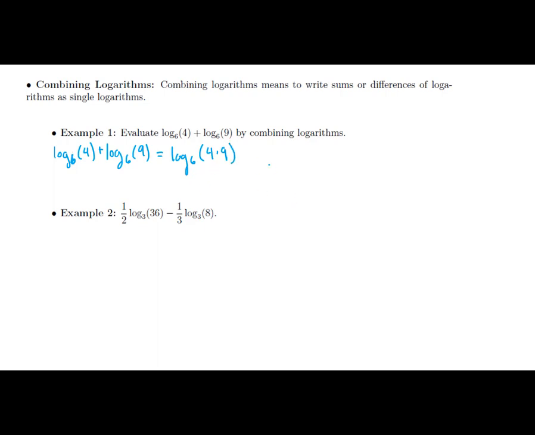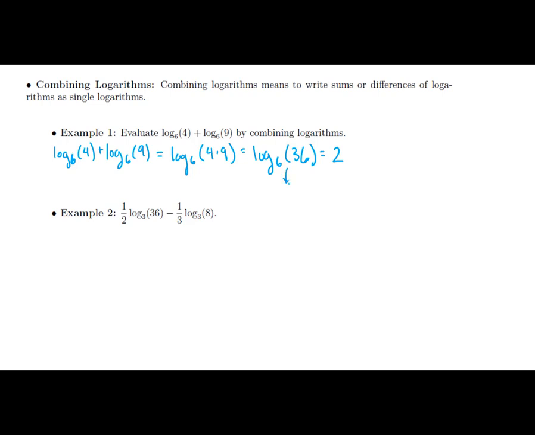Now in this particular question, we have the added benefit that when I do multiply 4 and 9, I actually get a number that is a power of 6, and so I can go even further. Remember what this means is we're saying, what number do I raise 6 to in order to make 36? Okay, which is 2.